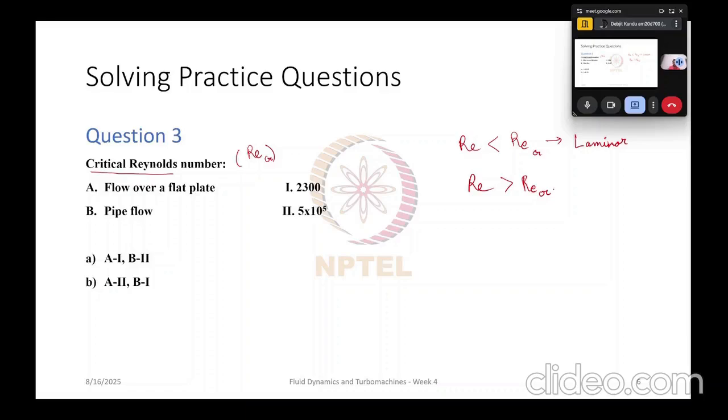But that's not always the case. The transition from laminar may or may not begin in the presence of disturbances above the critical Reynolds number.